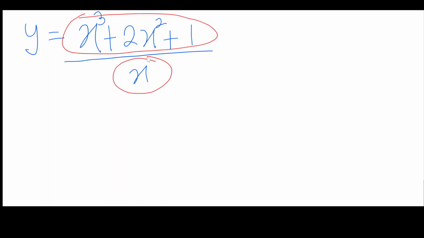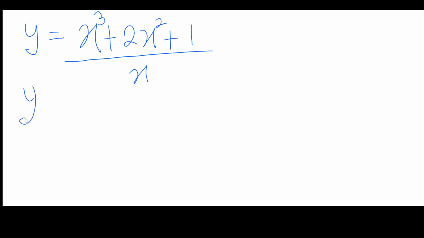So all we just need to do is divide each of these by x. Now let me quickly get the simplification done. So we have this expression can be written as y equals x to the power of 3 divided by x. I could have done everything straightforward, but I just had to simplify them one after the other.